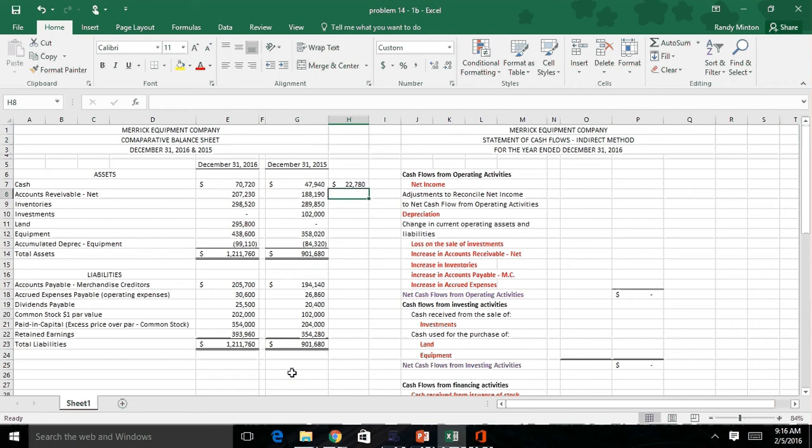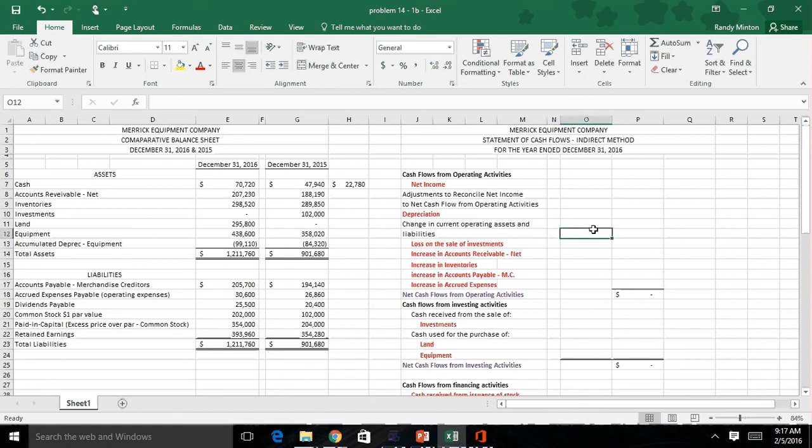C. The investments were sold for $91,800 cash. D. The common stock was issued for cash. E. There was a $141,680 credit to retained earnings for net income, and there was a $102,000 debit to retained earnings for cash dividends declared. So those are the additional pieces of information that we will use in addition to whatever we derive directly here from the two balance sheets.